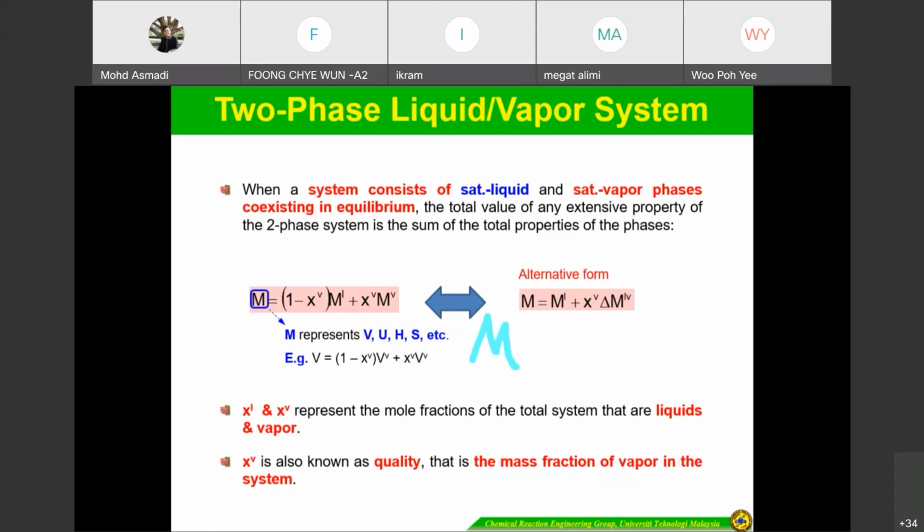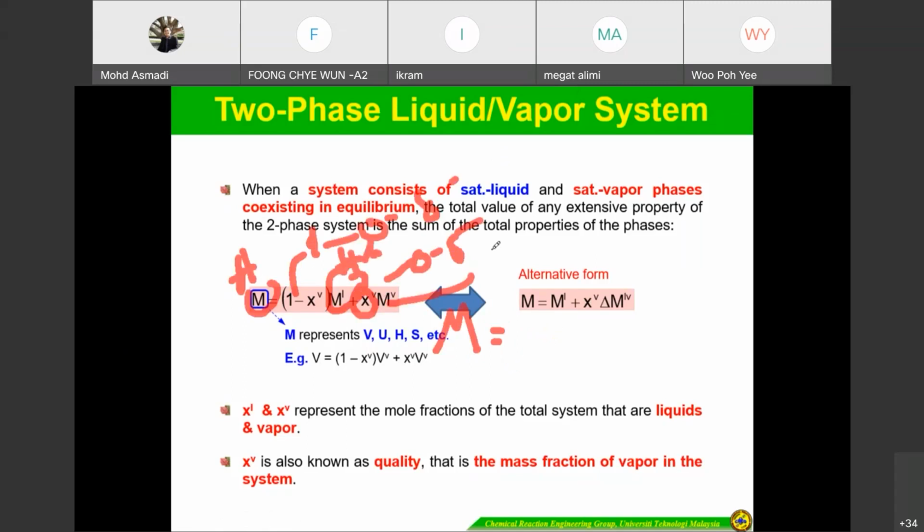So the total M is equal to, this one is a fraction, right? If this one is 0.5, then this one is 1 minus 0.5. Maybe this one is H, this one HL, this one HV.